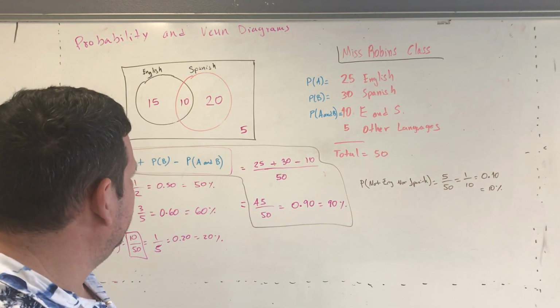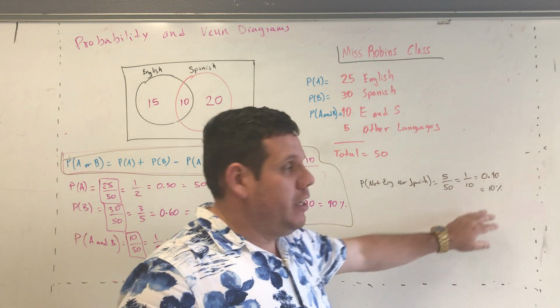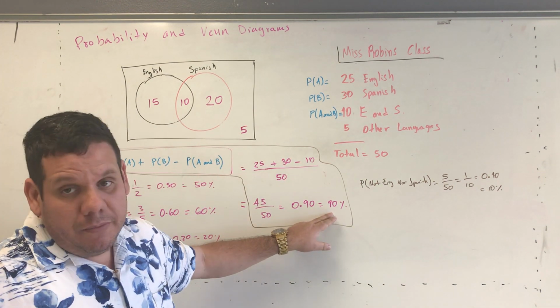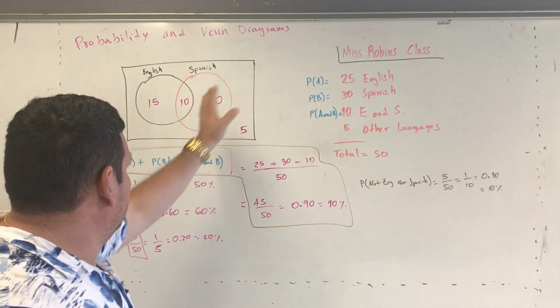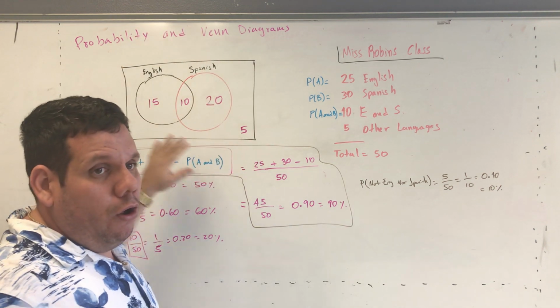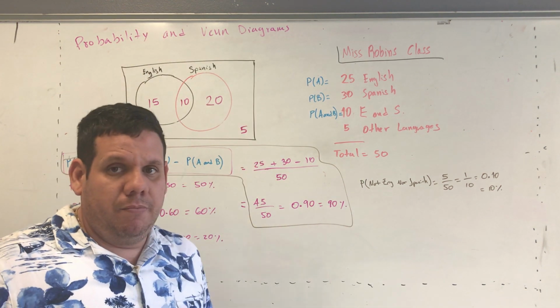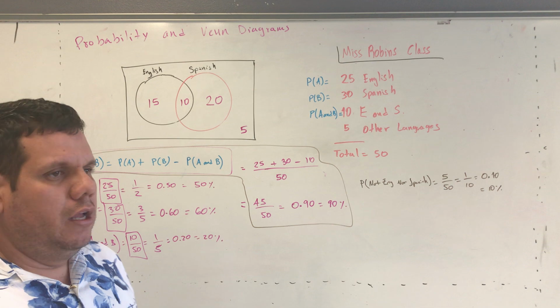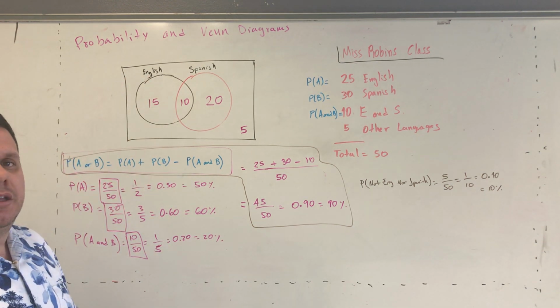So as you can see, the probability 10% plus the probability 90% is 100%, which makes the whole sample that we have here. Okay.